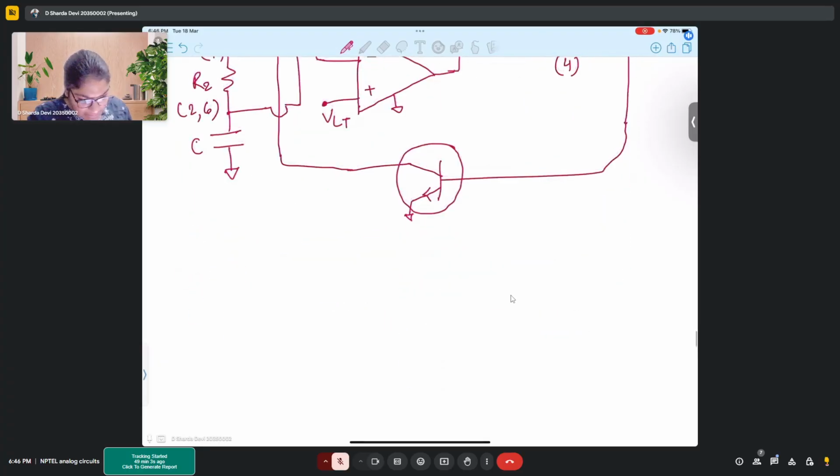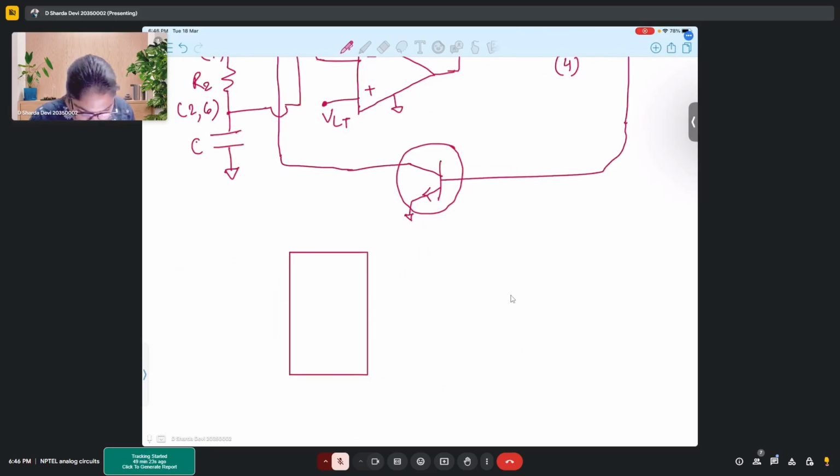Okay, if I talk about the IC, it is an 8-pin IC, right? Yes, it is an 8-pin IC.